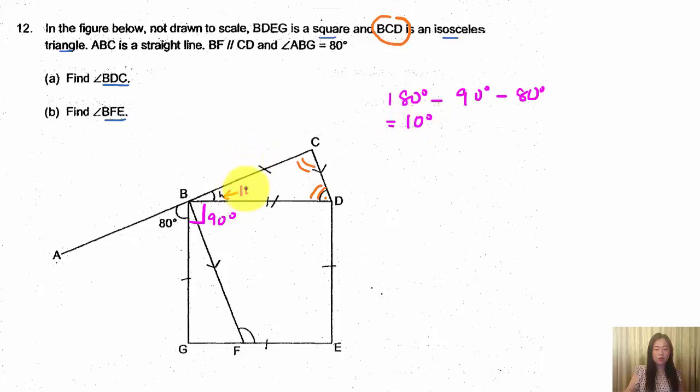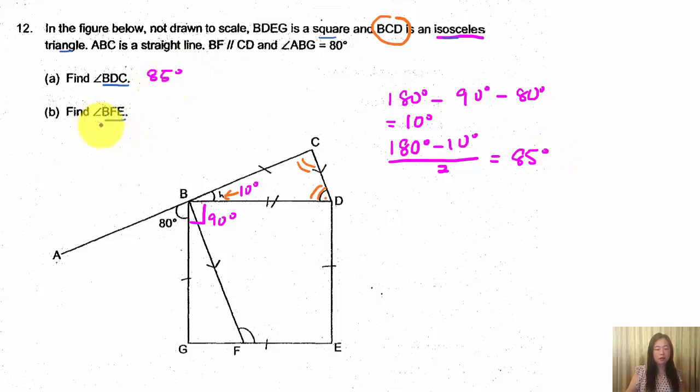If this is 10 degrees and the angle sum of a triangle is 180, now we can use 180 degrees minus 10 degrees and divide it by 2 because this is an isosceles triangle. So it will become 85 degrees, and we have solved the answer for A.